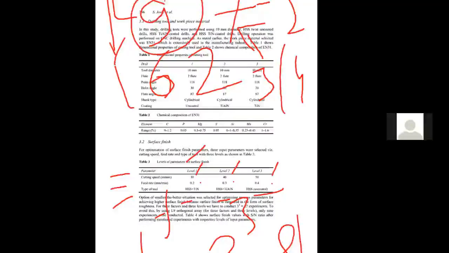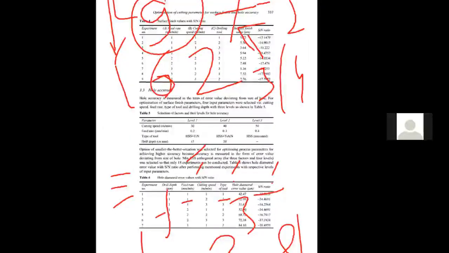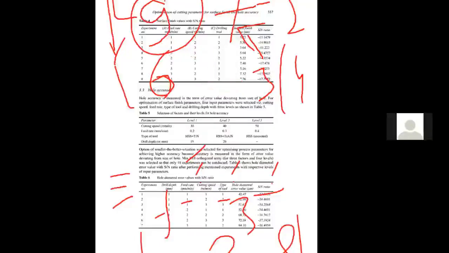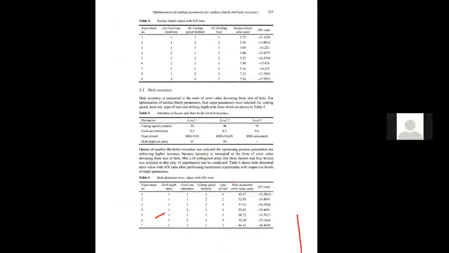But the question is which 9 experiments, you will see later on. Now I have performed only 9 experiments in place of 81 experiments. But which 9 experiments? By using the particular Taguchi method.